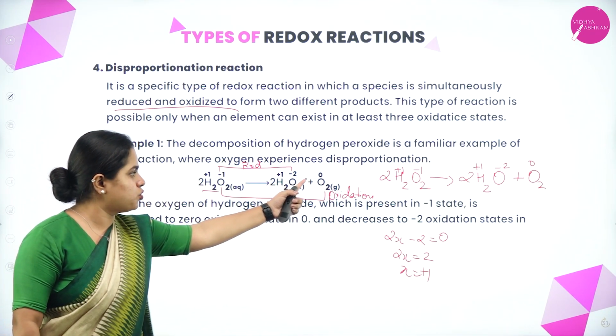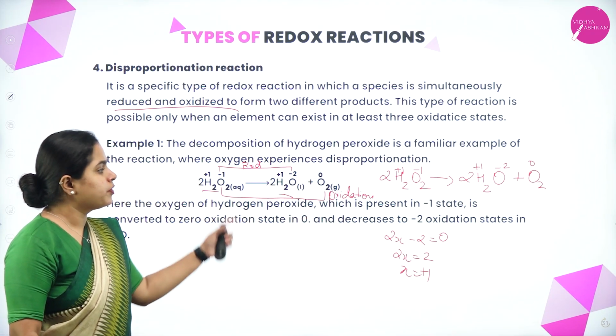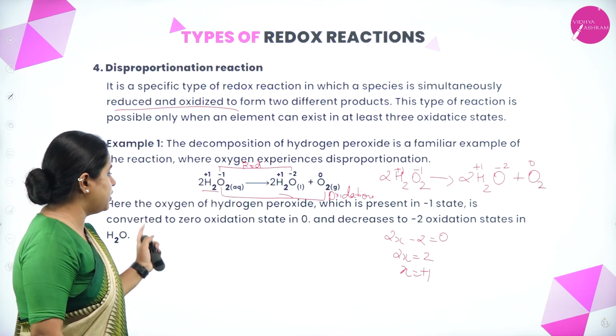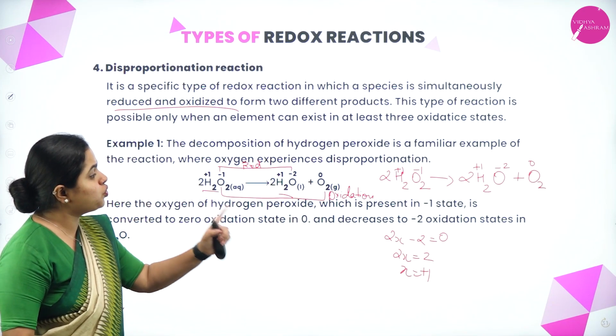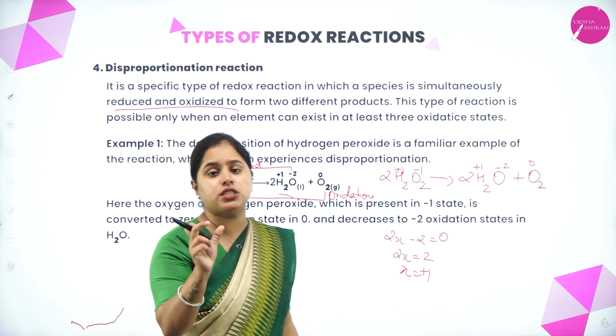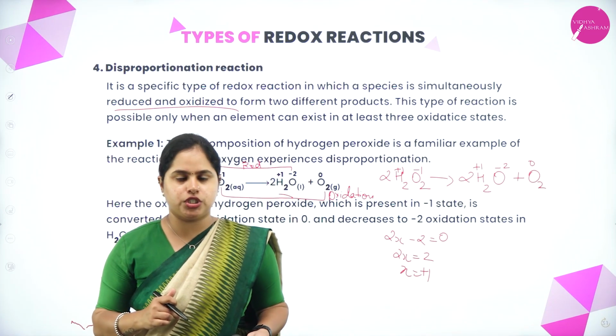Here it is -2 and here it is 0. Okay. Here the oxygen of hydrogen peroxide, which is present in the -1 state, is converted into the 0 oxidation state in oxygen gas and decreases to the -2 oxidation state in water. So it's the same element which is undergoing oxidation and reduction. So such reactions are called disproportionation reactions.